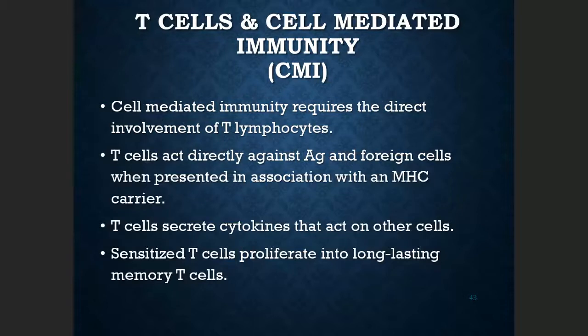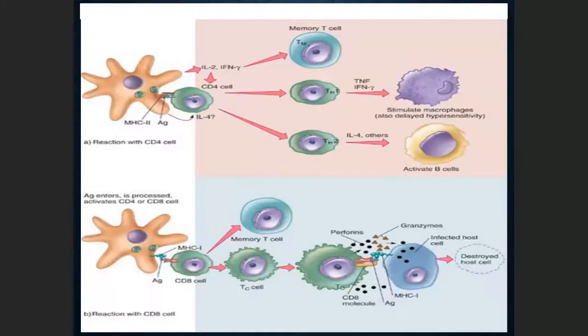So the TC, when they destroy the infection, is actually by destroying the infected cell. So therefore, this type of immunity is called the CMI, cell-mediated immunity. So the TC actually destroys the cell. This is how they perform the action.